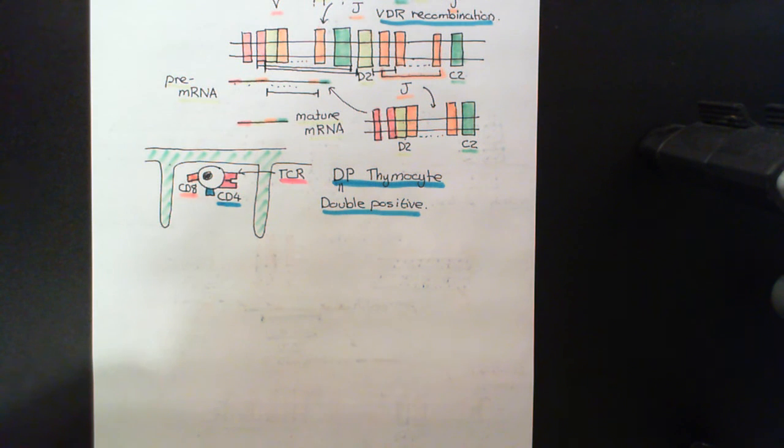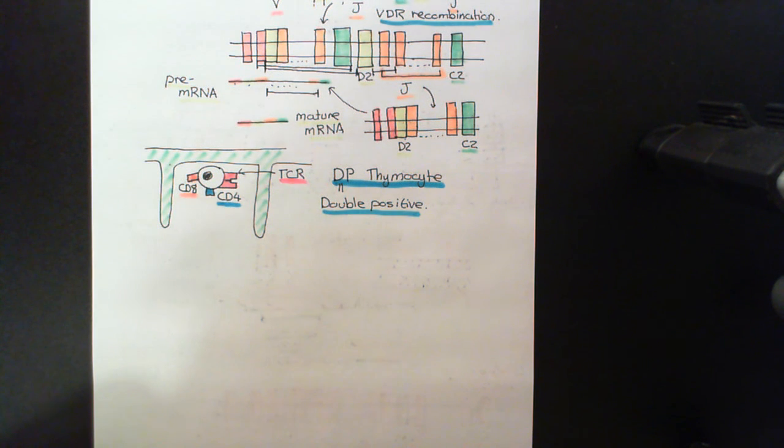We need to make sure that it's actually capable of binding to peptide MHC complexes, because that's what has to happen. T-cells are activated by their T-cell receptors binding to MHC peptide fragment complexes presented to them by antigen-presenting cells. If this T-cell receptor can't bind to peptide MHC complexes, then it's useless, i.e. this double positive thymocyte that we've produced is useless and it's going to have to go.